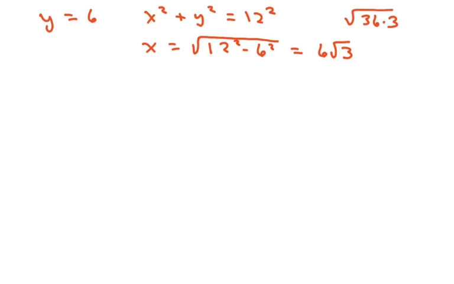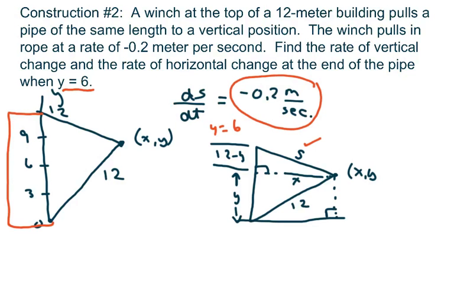Alright, now S is going to be the square root of x squared plus y squared. So we have x squared, and our y is going to end up being 12 minus y squared, for this smaller triangle.